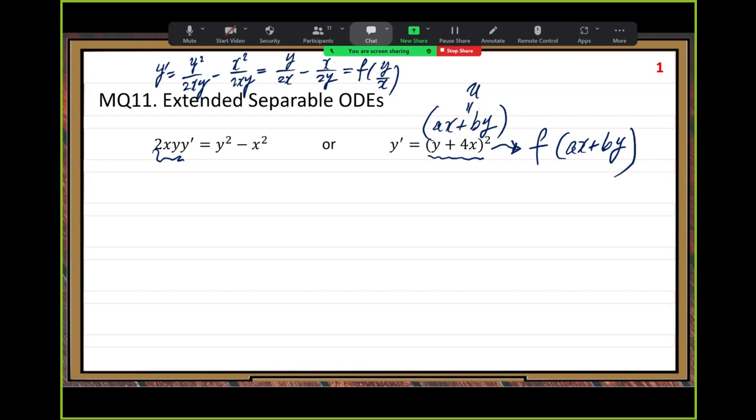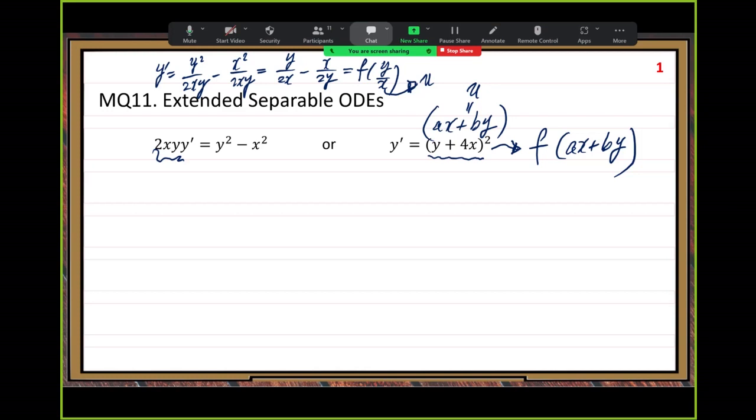Both formats we can handle by introducing a new variable u. With u equals ax plus by substitution, you can make it separable. For the second, u equals y over x makes it separable.